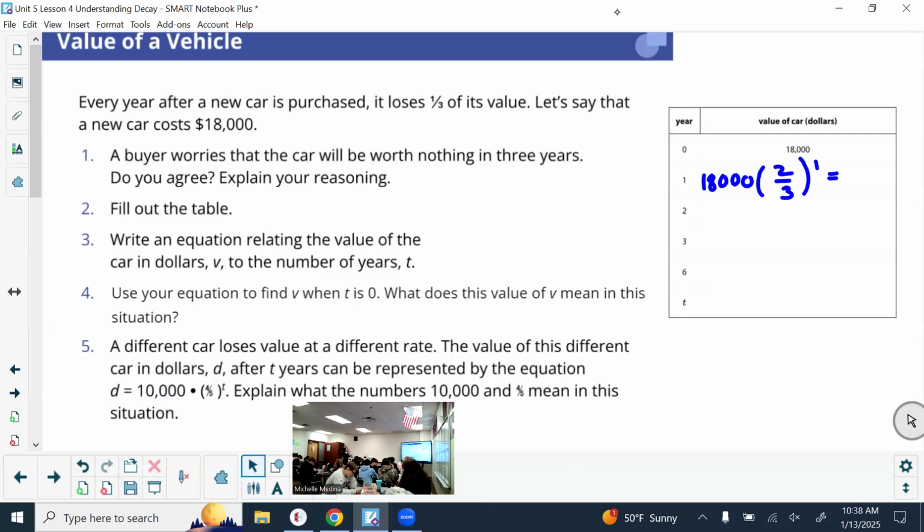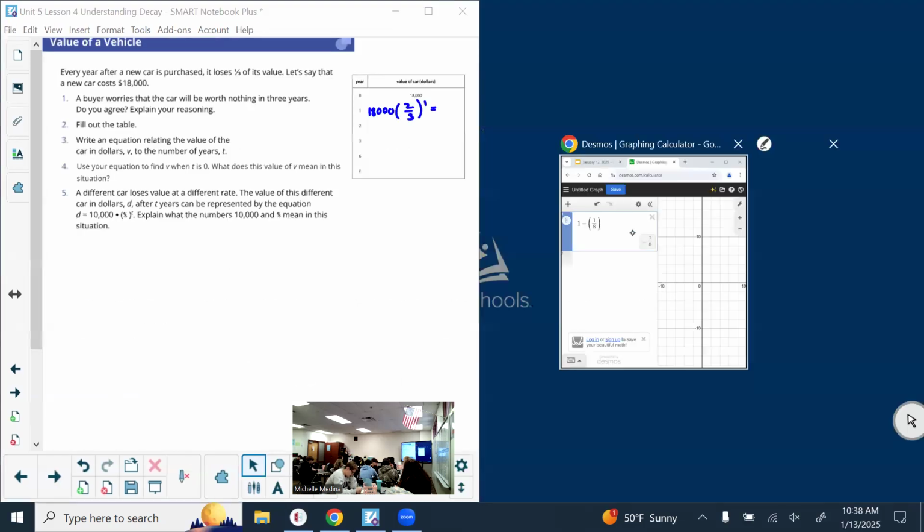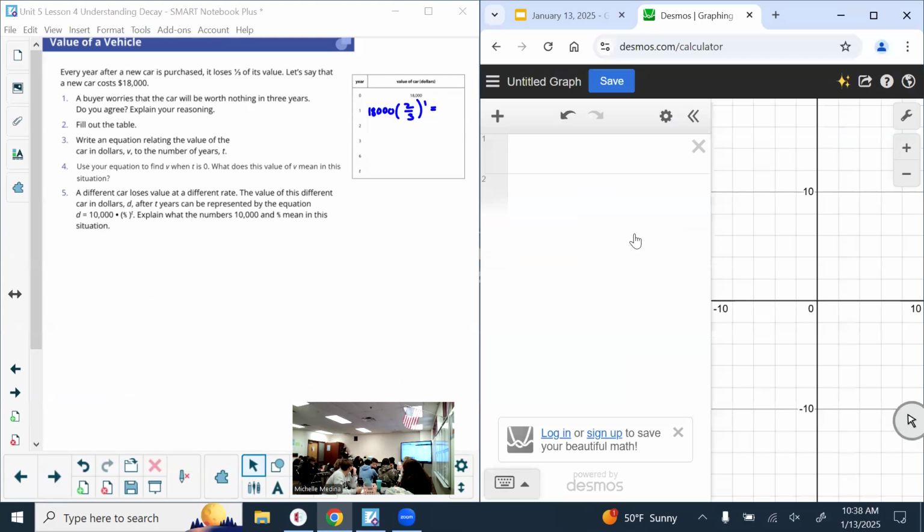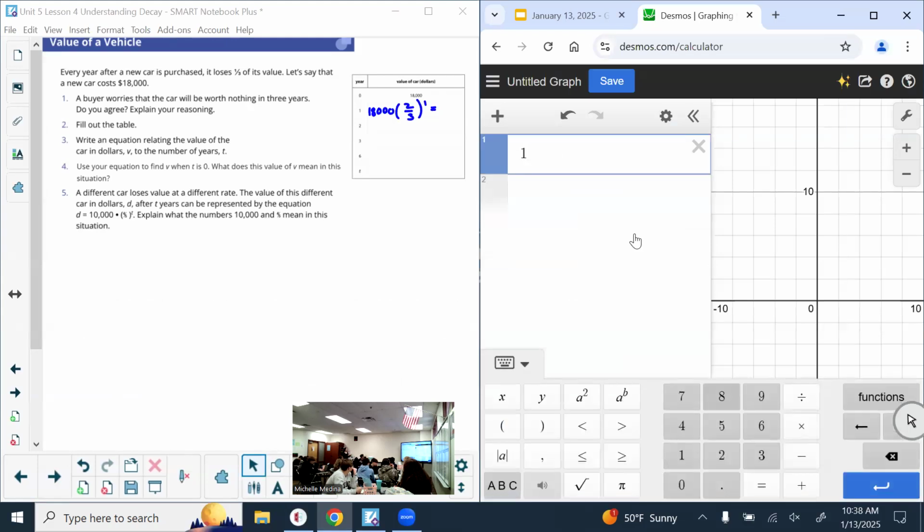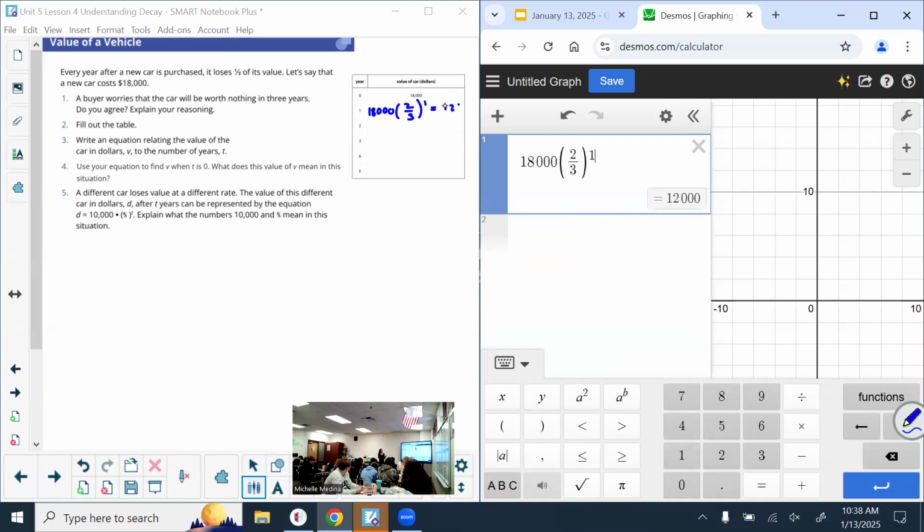And then you can use your calculator to do that for you, or you don't do math in your head anymore. Even if it's easy math, like this one's not that bad. All right, but after 1 year, it's worth $12,000. After 2 years, all I would have to do is change that exponent to a 2.